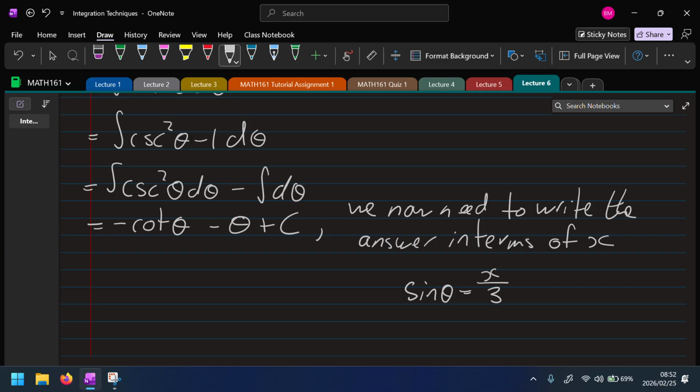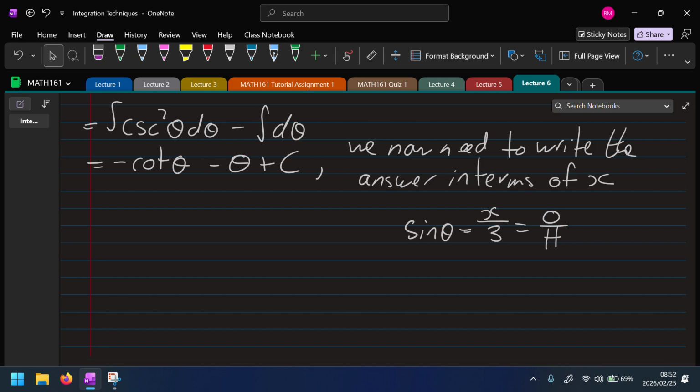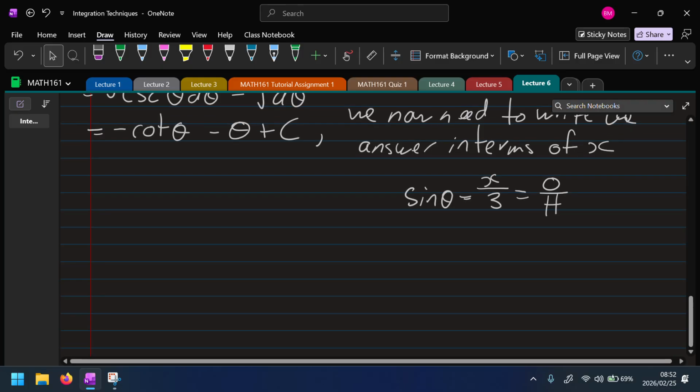But from this ratio, we now get opposite, and what's the bottom one? Hypotenuse, yeah. So we can fill in the triangle with the opposite and the hypotenuse. We can find the adjacent. Once we have all 3 sides, we can then find cot. So let's draw a triangle.